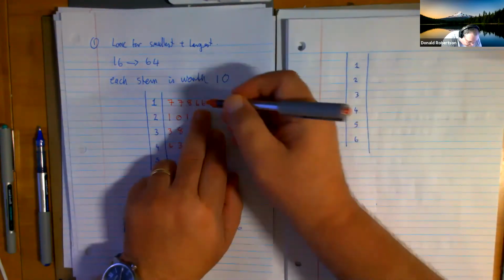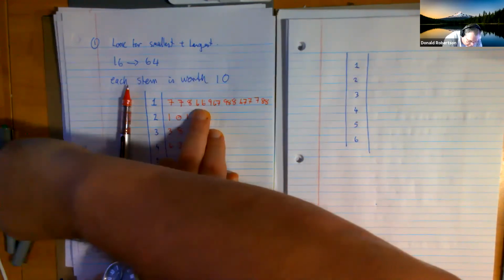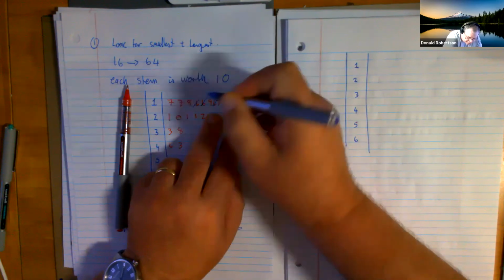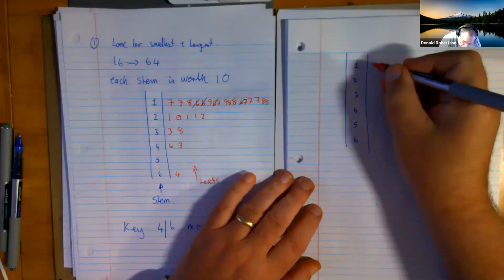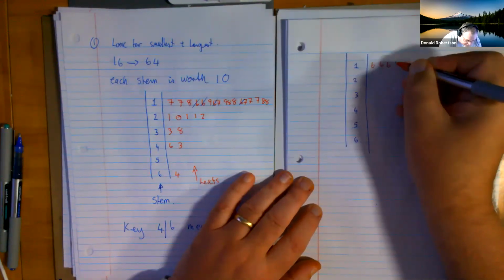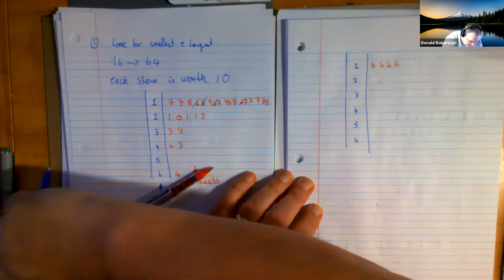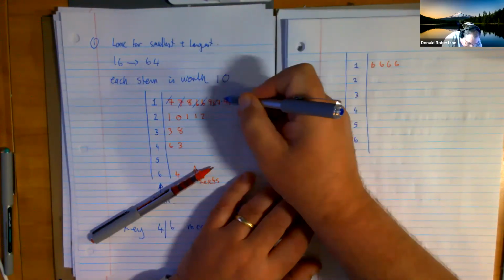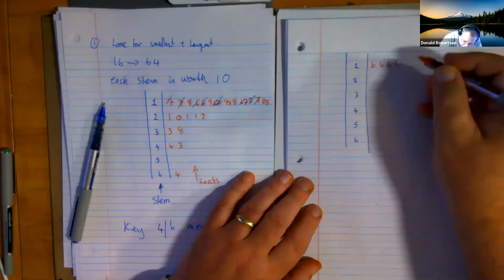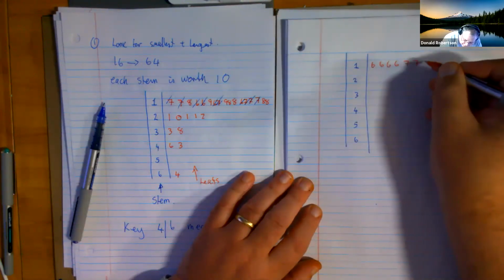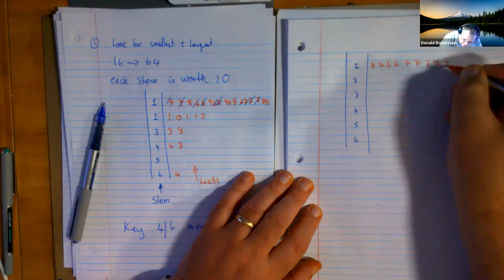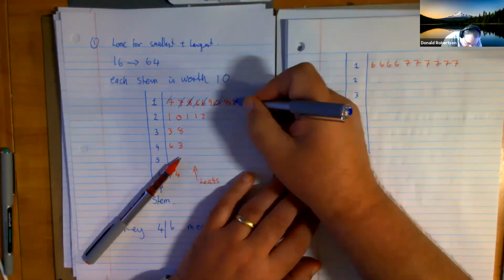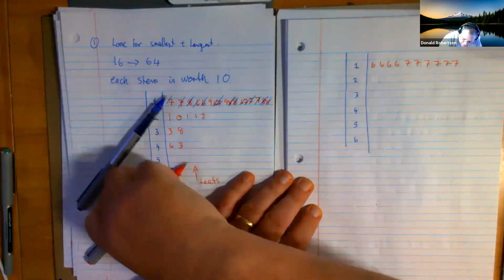So here goes. I should do it in blue. 1, 2, 3, 4 of you. 1, 2, 3, 4, 5, 6 of you. 1, 2, 3, 4, 5 of you.